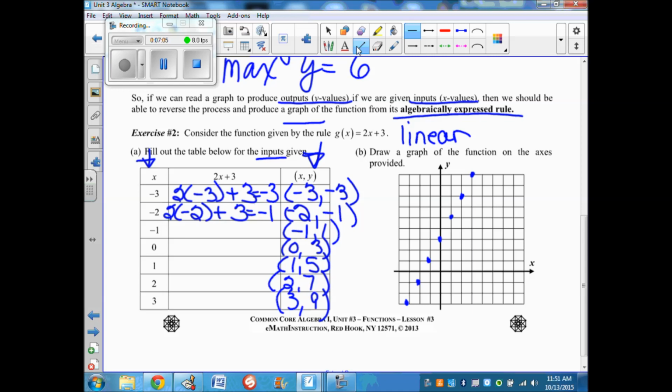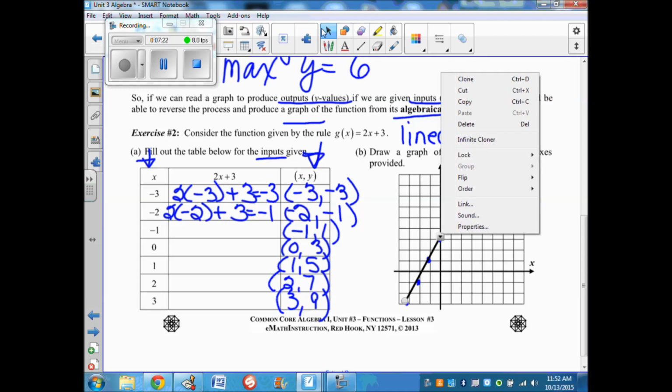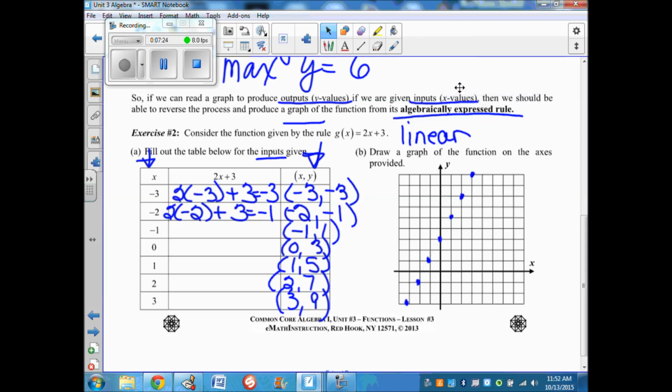Please use some kind of a straight edge. Okay, big fan of the straight edge. I shouldn't put an arrow on that. And why shouldn't I put an arrow on that? Well, this table just goes from -3 to 3.